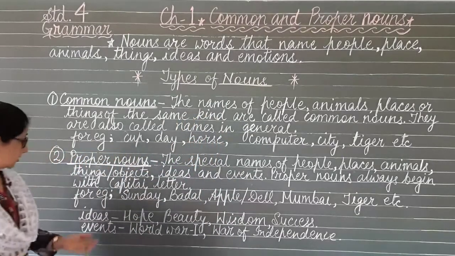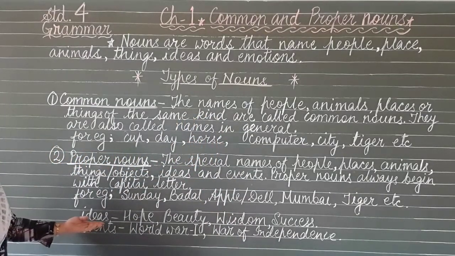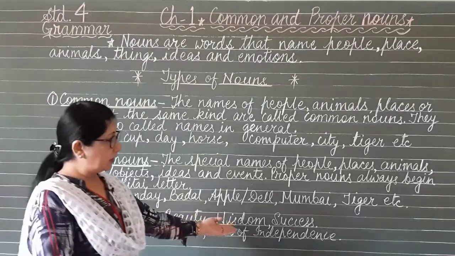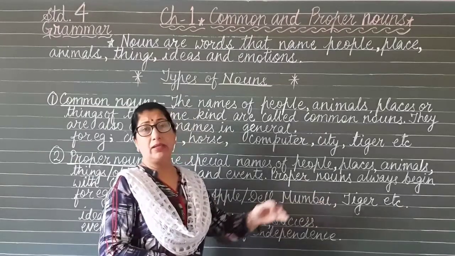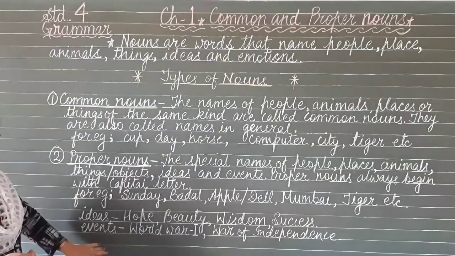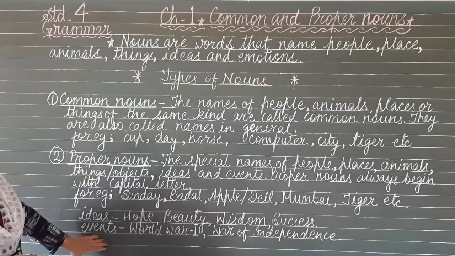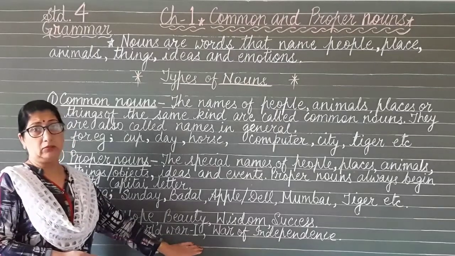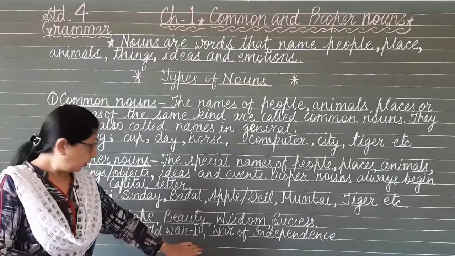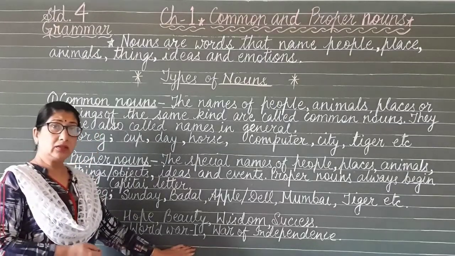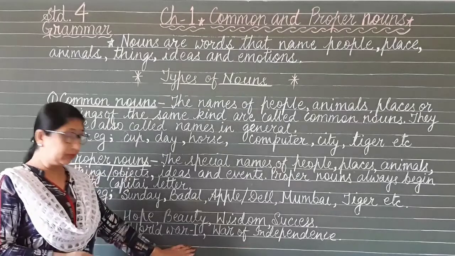Let us talk about some ideas. Ideas are our feelings, abstract nouns. It is hope, beauty, wisdom, success, and many more such things can be included in ideas. And if we talk about events as proper nouns, World War I, World War II, World War III, all these are some or the other events with some great results, big results.